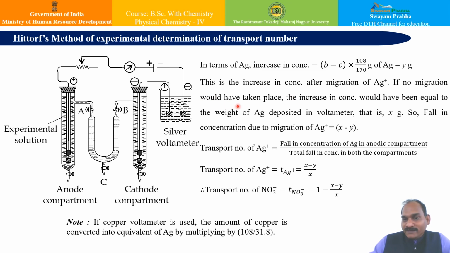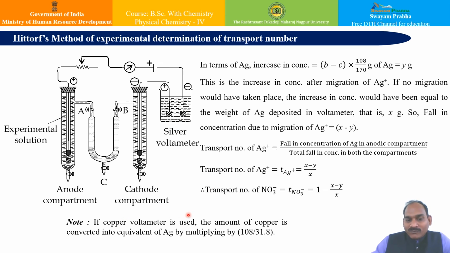If no migration had taken place, the increase in concentration would have been equal to the weight of silver deposited in the voltameter in this case, that is x grams. So the fall in concentration due to migration of silver ions is x minus y, and therefore the transport number of silver ion is the fall in concentration of silver in the anodic compartment upon the total fall in concentration in both the compartments, that is x minus y upon x, and the transport number of nitrate ion is 1 minus (x minus y) upon x. So this way we can calculate both the transport numbers in this case wherein the electrodes were attackable.